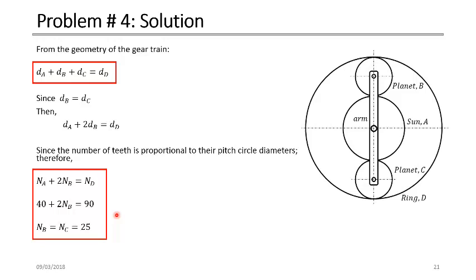But before we use it, we need to investigate the geometry, because using the geometry we can find the number of teeth for the planet gear B or C, because they are identical.